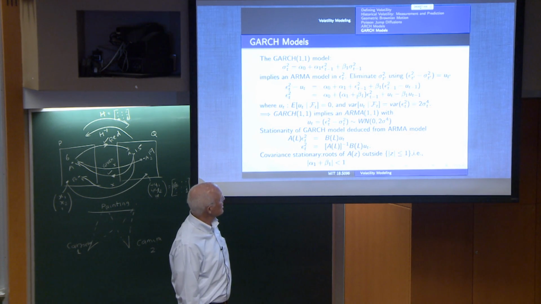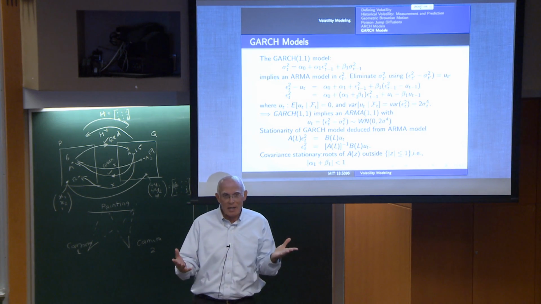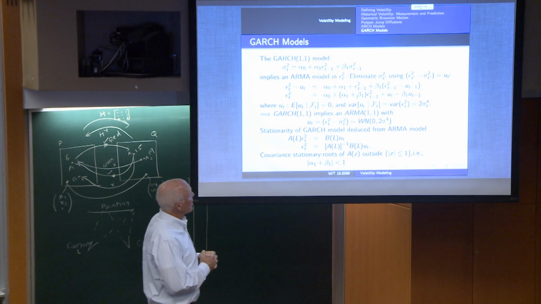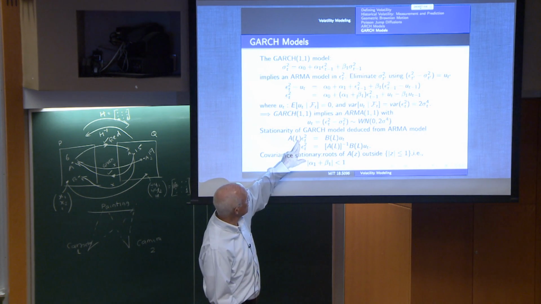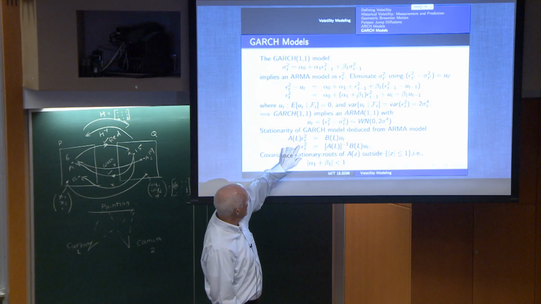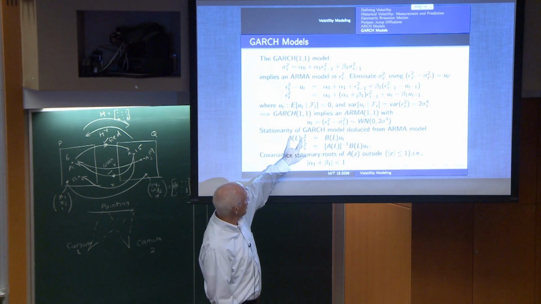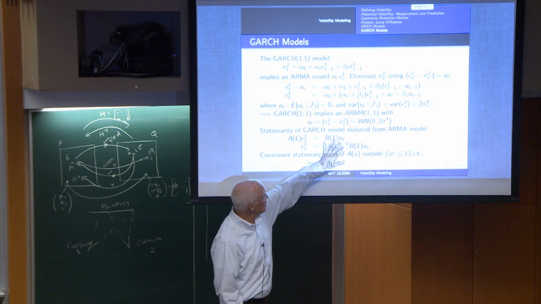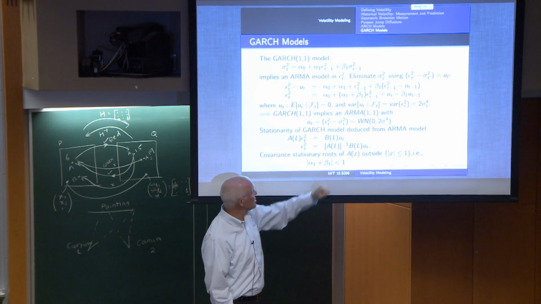And through our understanding of univariate time series models, ARMA models, we can express this ARMA model for the squared residuals as basically a polynomial lag of the squared residuals equal to a polynomial lag of the innovations.